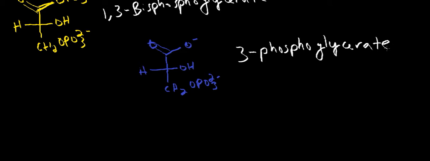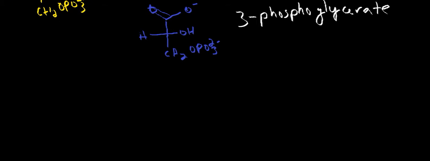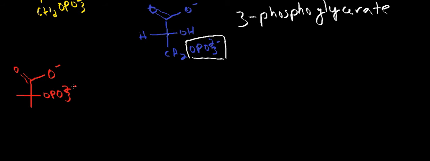Alright, now from 3-phosphoglycerate we go to 2-phosphoglycerate. Now what does that mean? That means that we have our phosphate group here at the number 2 carbon, which will be right there. All right, so I'll draw that structure for you. We have 2-phosphoglycerate, O minus, O, OPO3 2 minus.